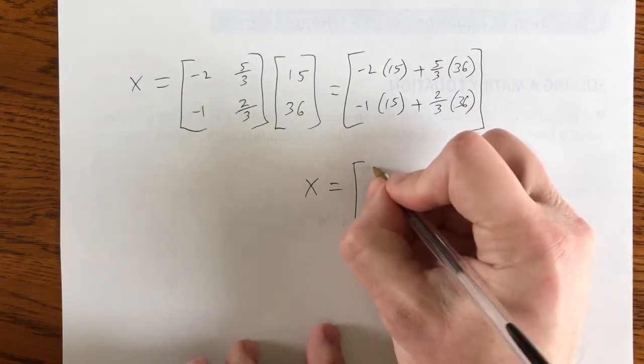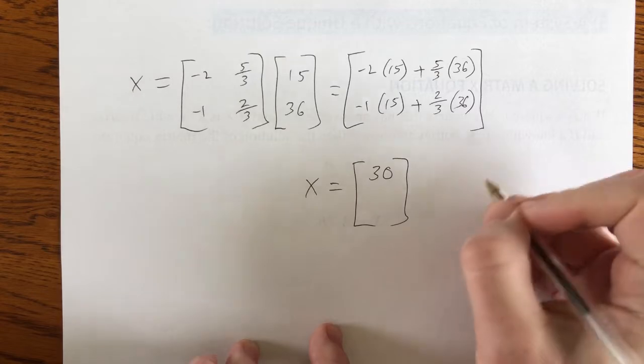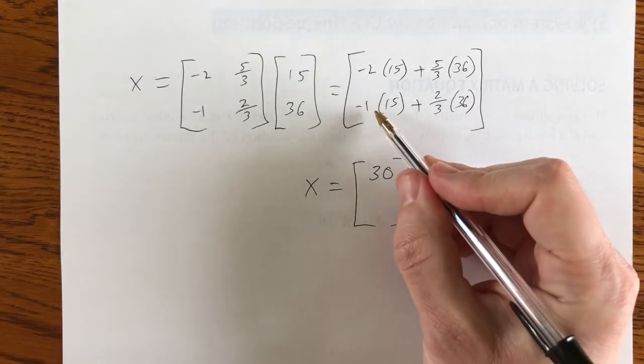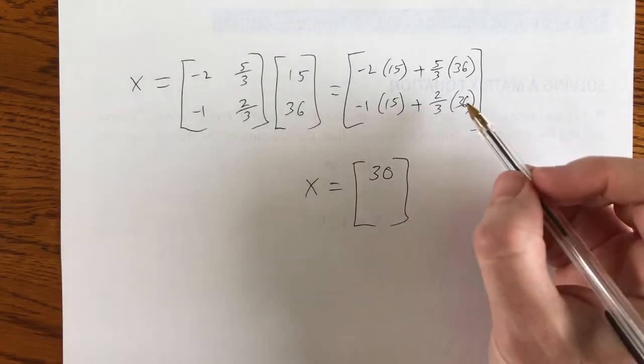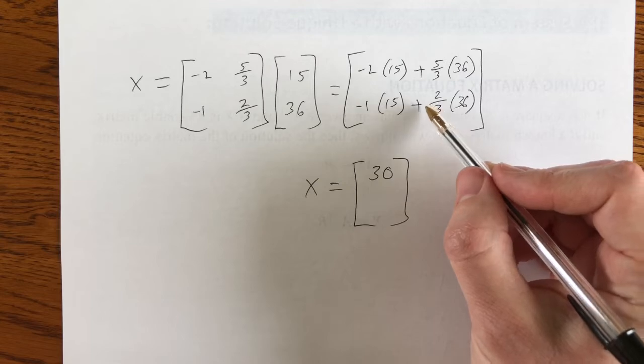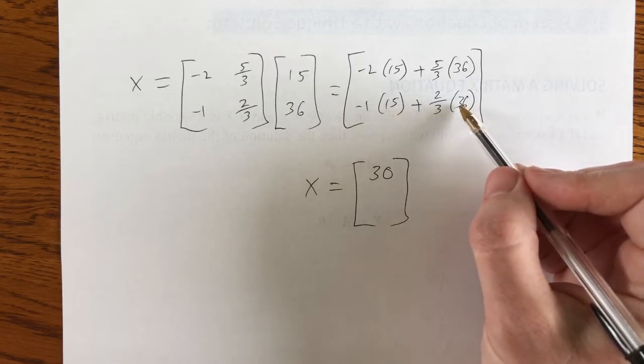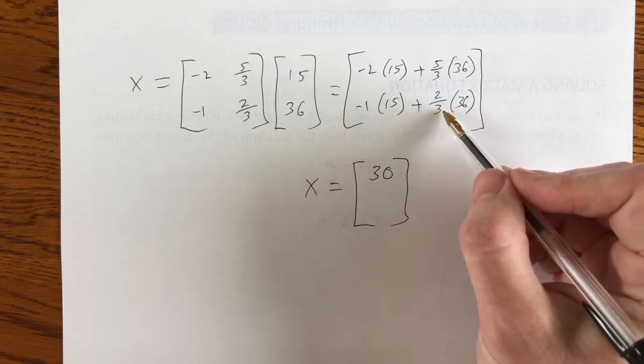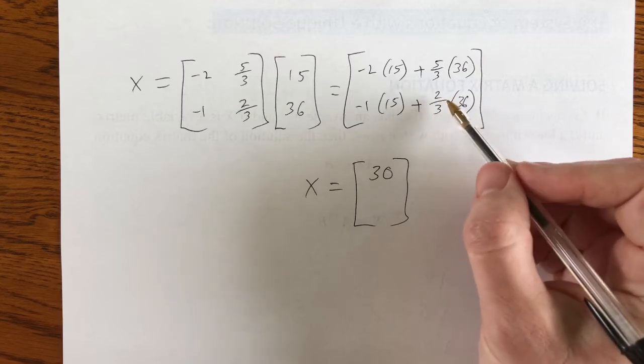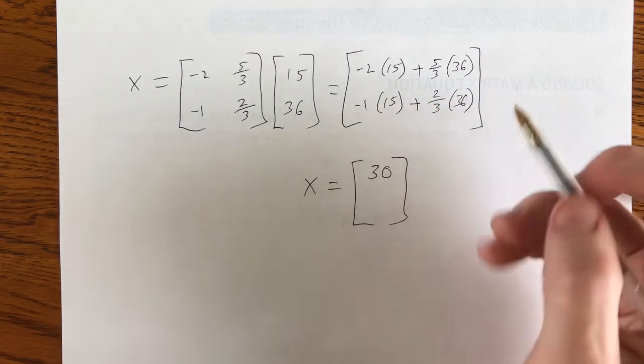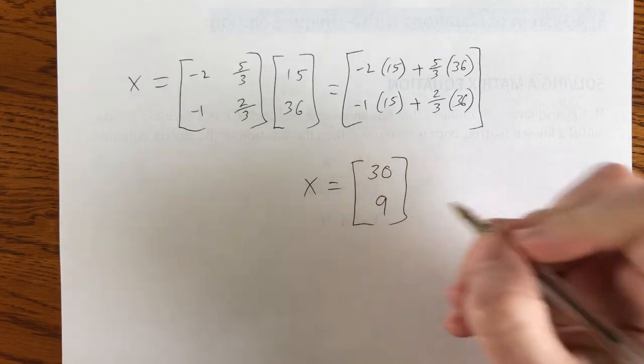Which will give us 30. Down here, we'd get what? -15 plus what? That's 24, I think. So -15 plus 24 is 9.